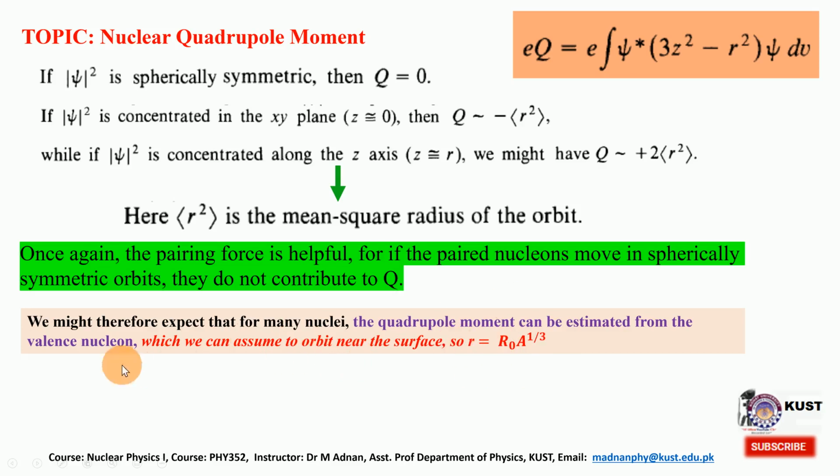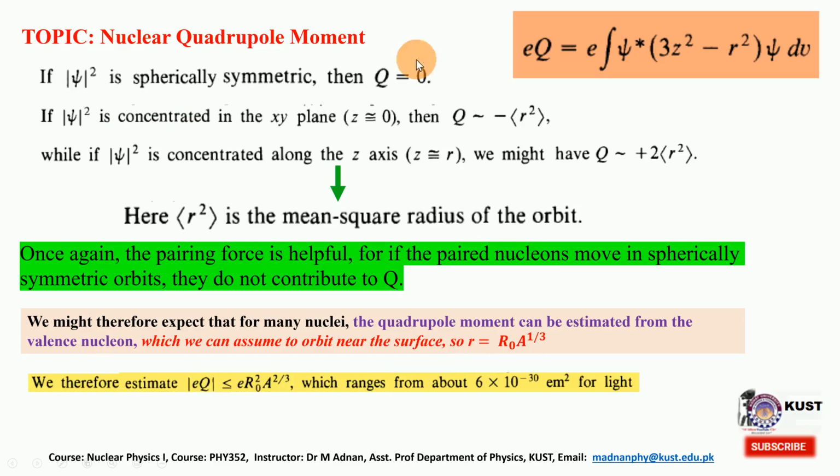So when we are talking about valence nucleons, r will be equal to r naught A to the power 1/3, because they will be orbiting far from the center of the nucleus.